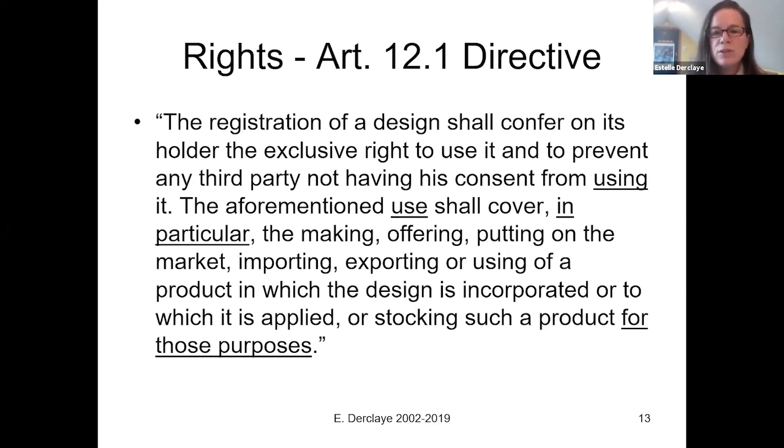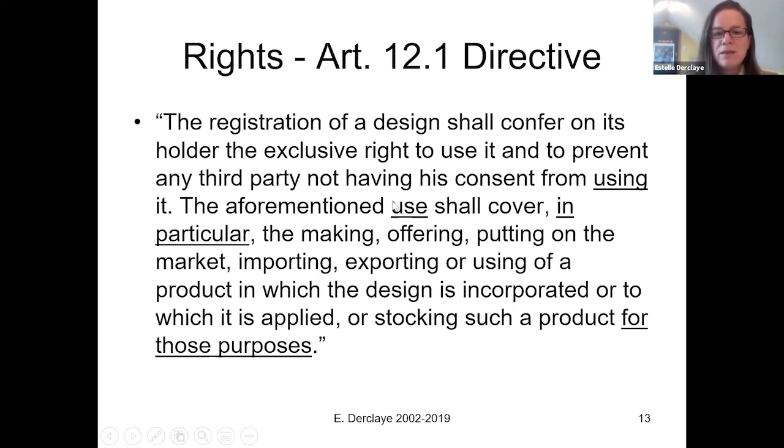Okay, and use or making of the design is very broad. It's making the design, offering. You don't have to make it if you're just offering it for sale, for example, putting it on the market, importing it, exporting it, using a product in which the design is incorporated, stocking the product in a warehouse, for example. And that's a non-exhaustive list.